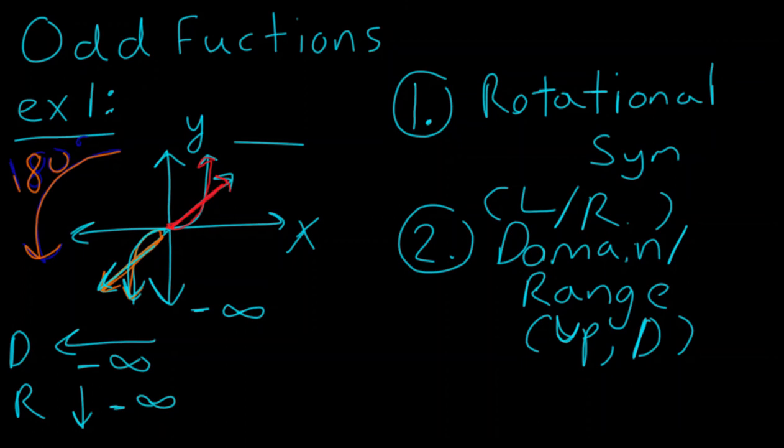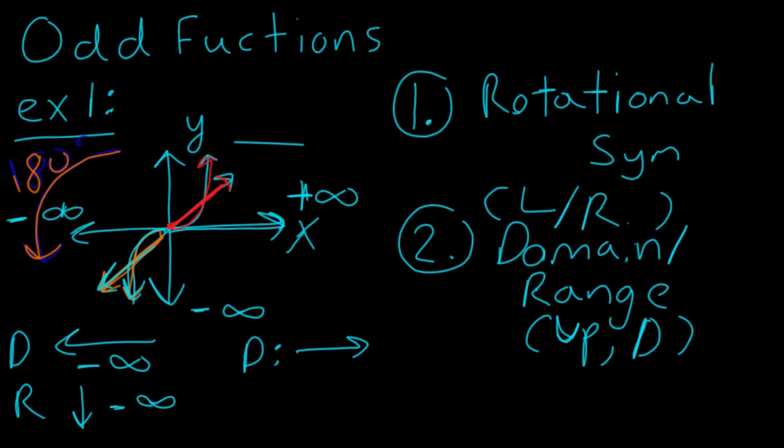Now let's talk about our domain. And remember, I'm just abbreviating the word domain with the letter D. And what happens when we're going to the right? Well, you notice here on the x-axis, when we're going to the right, we are going towards positive infinity. And I should have said this earlier. When you're going to the left, of course, you're going towards negative infinity.